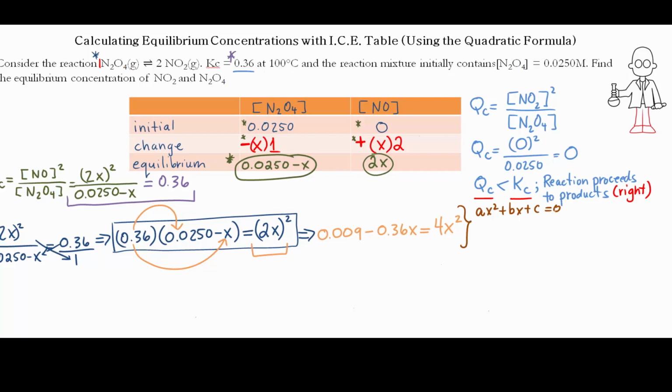So I want all my terms, including my linear and my constant, all on one side. That is going to allow me to solve for x. So if I rewrite this and put this in standard form, that's going to be 4x squared.